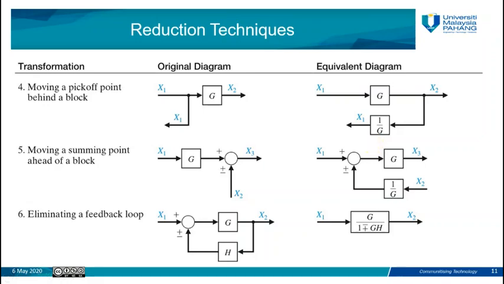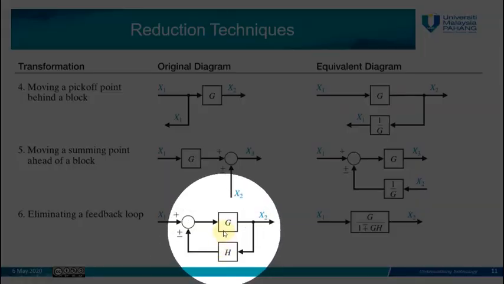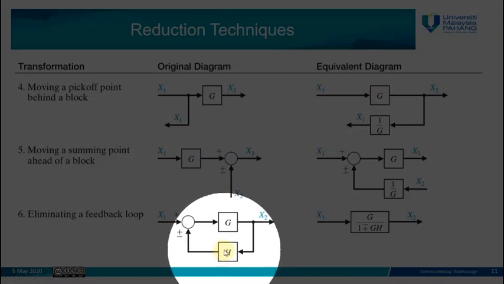The last technique here is eliminating a feedback loop. We already mentioned this before when we talked about the feedback topology. If you have such feedback, either positive feedback or negative feedback, you need to simplify. You just need to use the general formula of the equivalent transfer function of the feedback system. In this case, the forward transfer function is j and the backward is h.